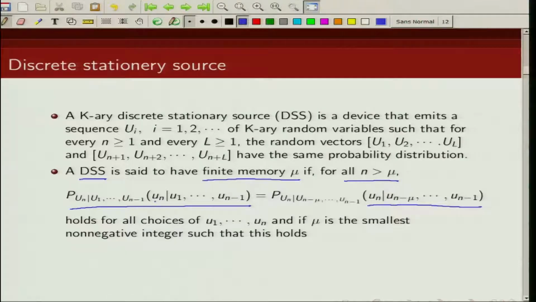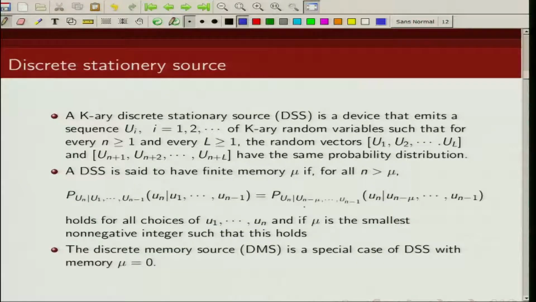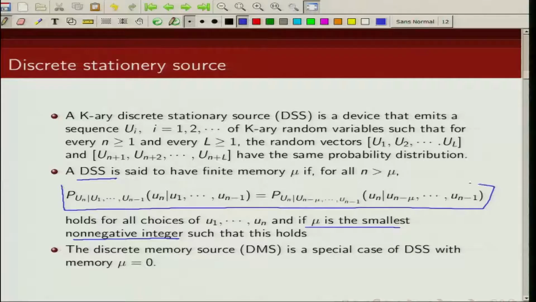That is, P(U_n | U_{n-1}, ..., U2, U1) is the same as P(U_n | U_{n-1}, U_{n-2}, ..., U_{n-mu}) for all choices of U1, U2, and so on. Then we say this source has a finite memory mu, and mu is the smallest non-negative integer for which this relation holds.